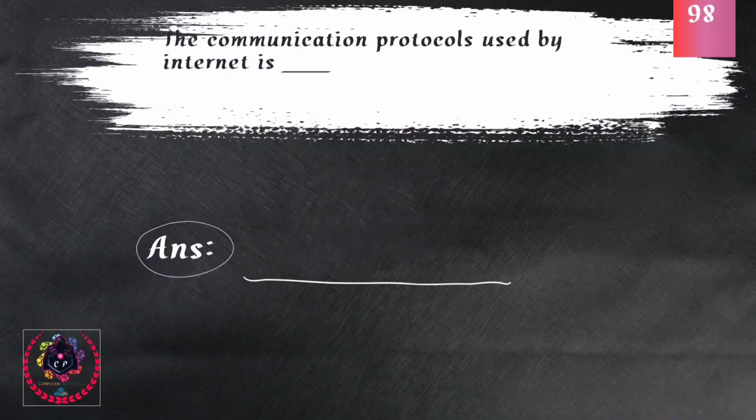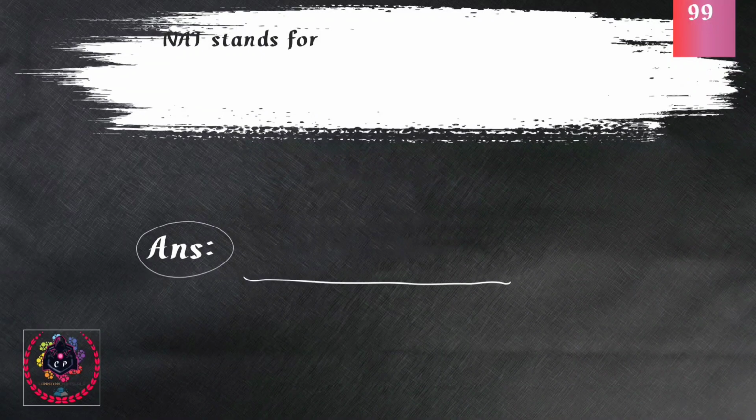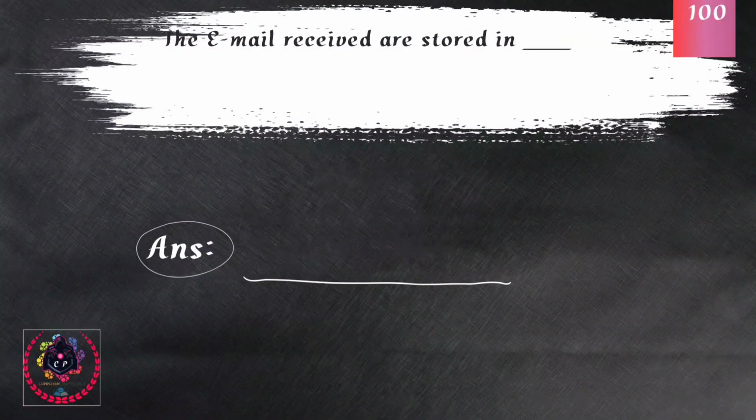URL stands for Uniform Resource Locator. The communication protocol used by the Internet is TCP/IP. NAT stands for Network Address Translator. The emails received are stored in the inbox.